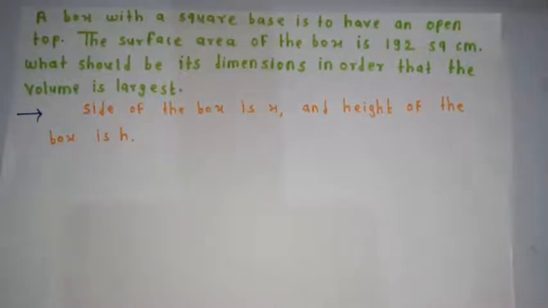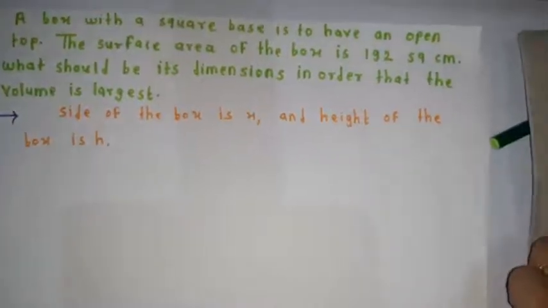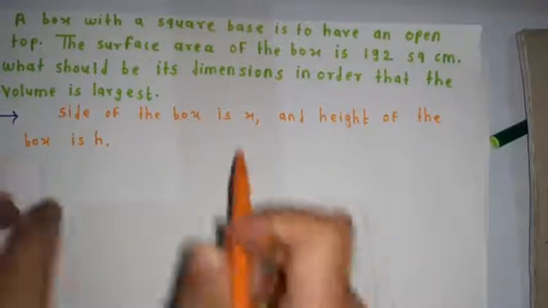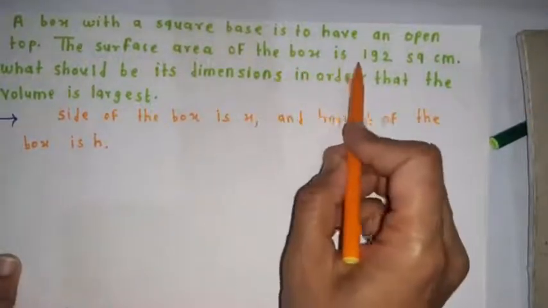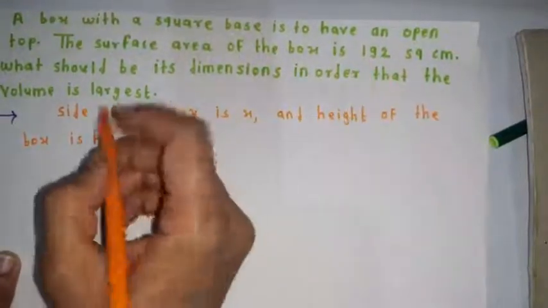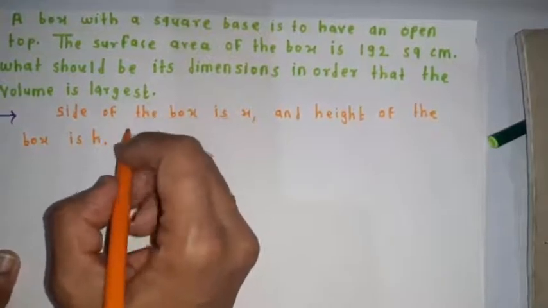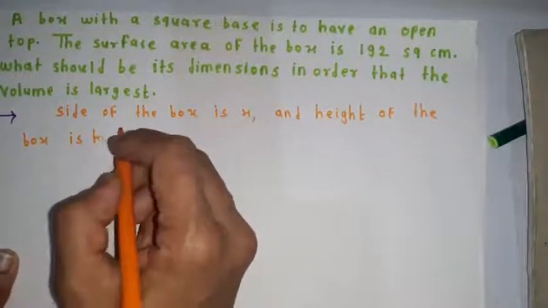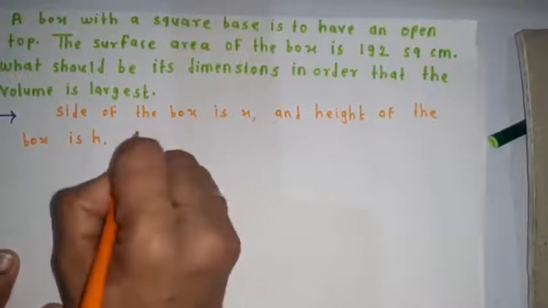Now suppose the surface area of the box is A. Now what is the formula for the surface area of the box?